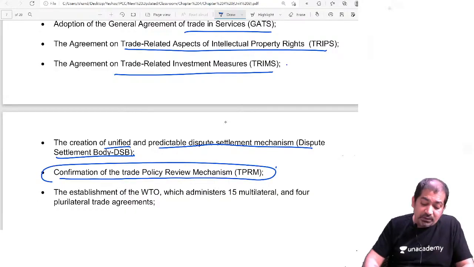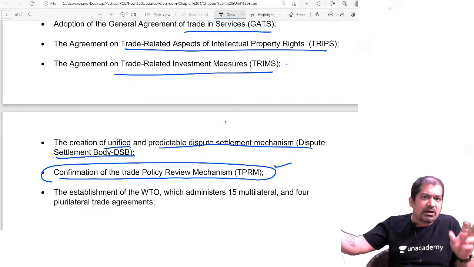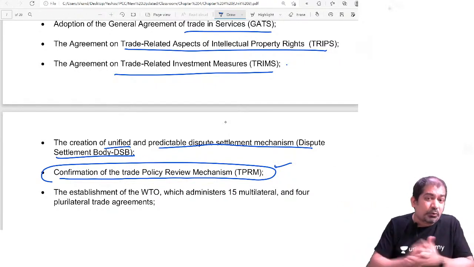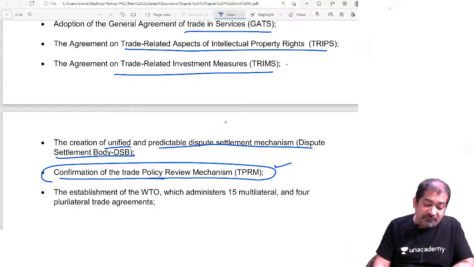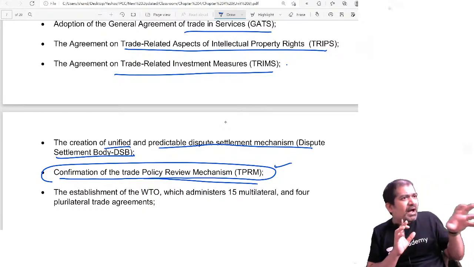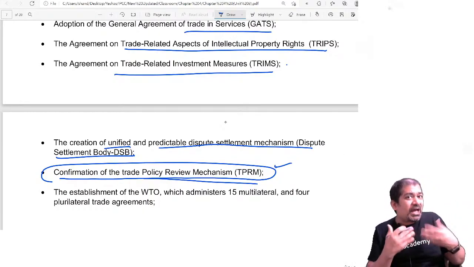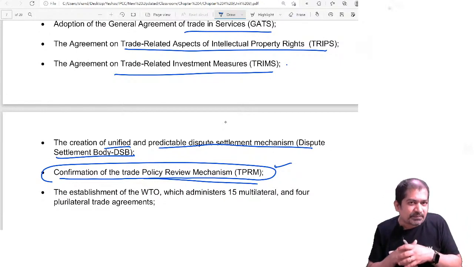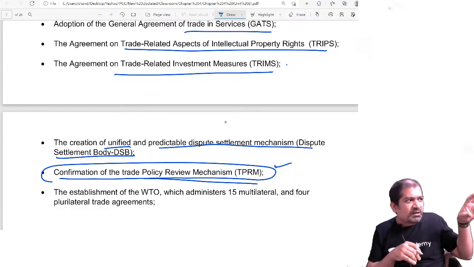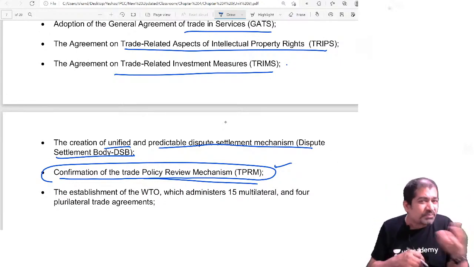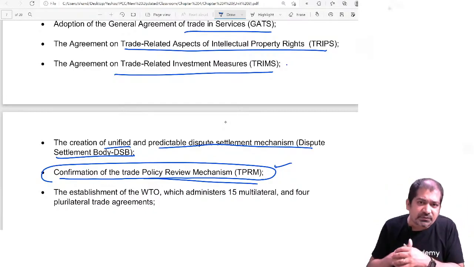One of the fundamental reasons why GATT lost its relevance is that frequent amendment was not happening. The world was changing fast, but the rules or agreements of trade were not changing. So now within the WTO, there is a Trade Policy Review Body which follows a trade policy review mechanism, wherein they constantly keep an eye on how evolution in global trade is happening, how new or innovative ways of doing business are adopted by different countries of the world.